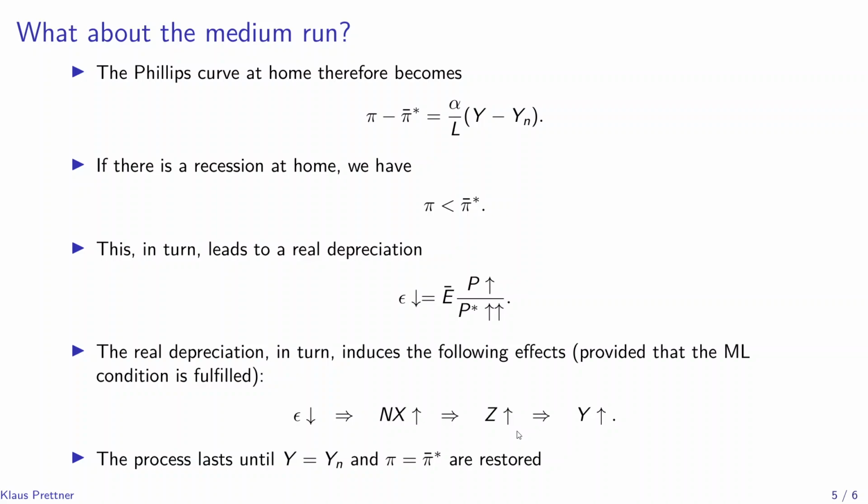This would increase economic activity at home, and therefore it would increase actual output. And the process lasts until actual output at home is again equal to potential output, such that also the inflation rate would then again be equal to the foreign anchor of the inflation rate. And this would then be restored.